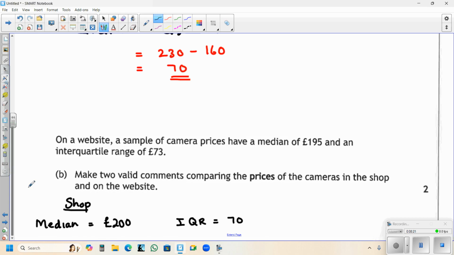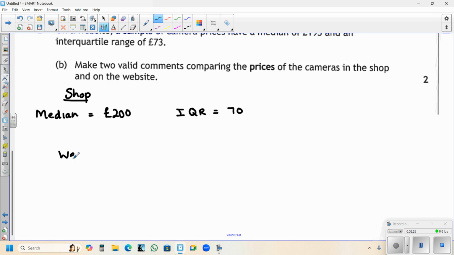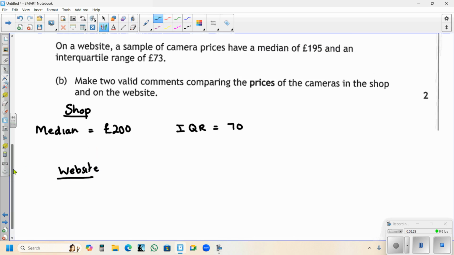Now, the ones on the website, if we look back at the question, the median was equal to £195, and the interquartile range was equal to £73. Okay, I'm going to put a £ sign in there.